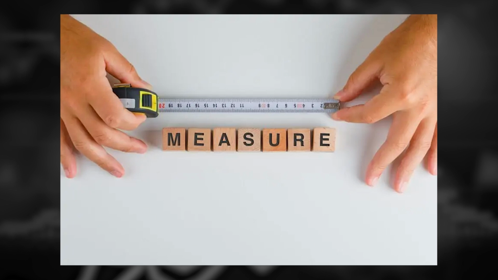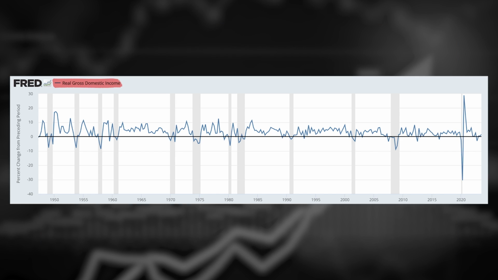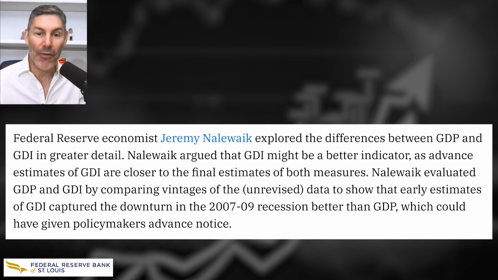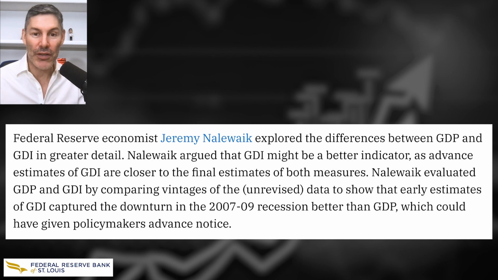So when it comes to the measurement that you should be paying most attention to, don't listen to George Gammon. Listen to the Federal Reserve themselves. And what's ironic is GDI is a measurement that the mainstream media, the talking heads, the quote-unquote experts out there, never acknowledge. They just kind of sweep it under the rug and focus on GDP.